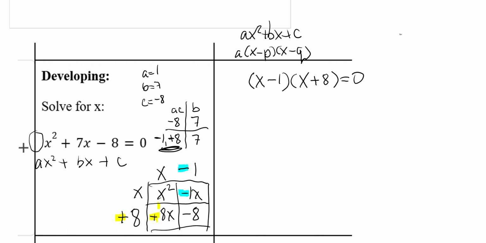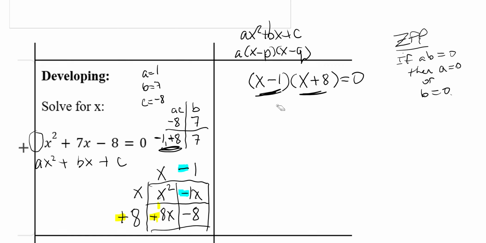Now, the zero product property says that if you've got two numbers, a times b, and that's equal to 0, then one of those numbers, a equals 0 or b equals 0, has to be 0. So here are two things that are being multiplied. One of them has to be equal to 0.